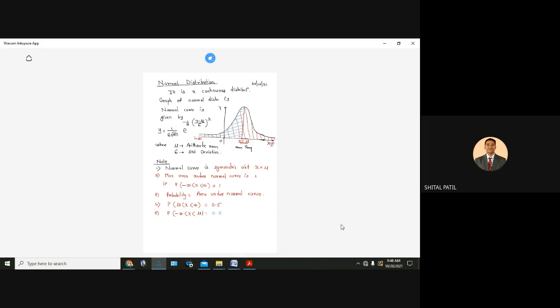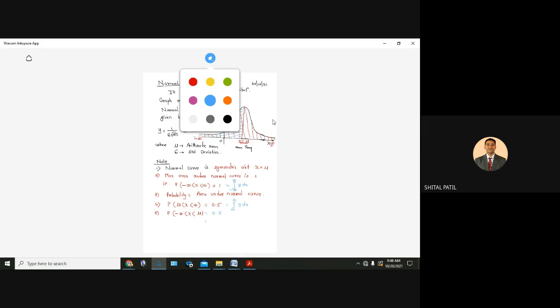Now the question remains how to find this area. That is integration. Integration of y dx from minus infinity to plus infinity. How to find this area? Integration of y with respect to x from x equal to mu up to x equal to infinity.